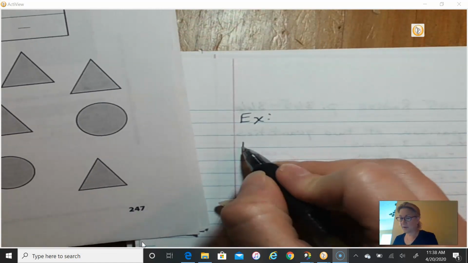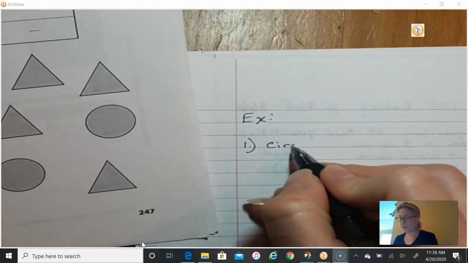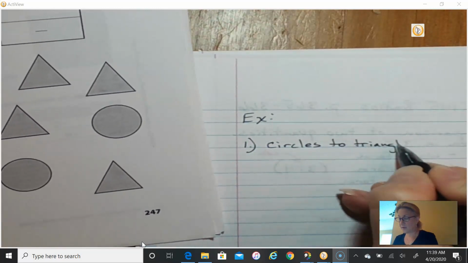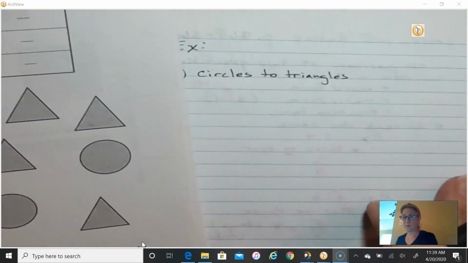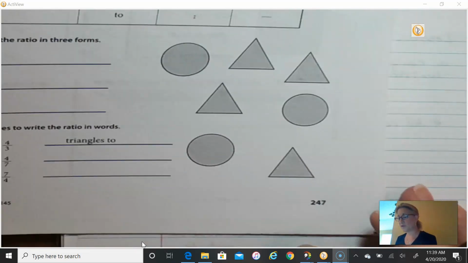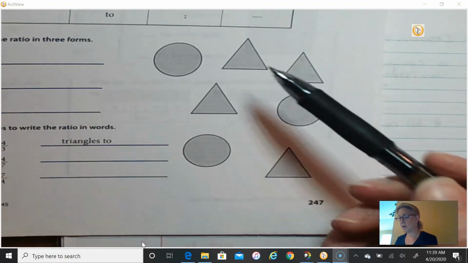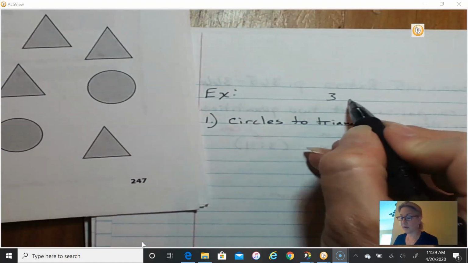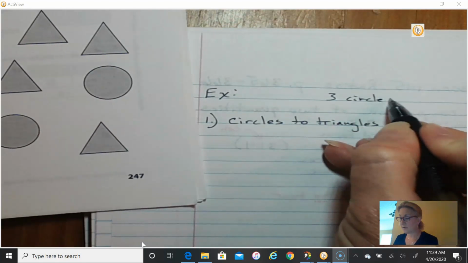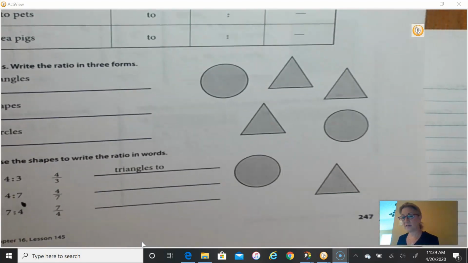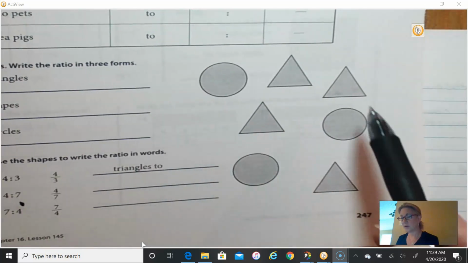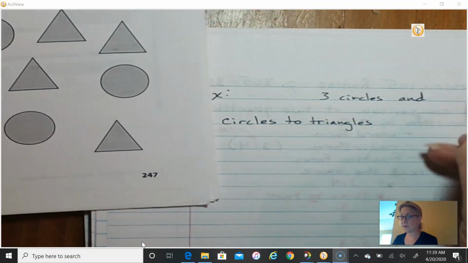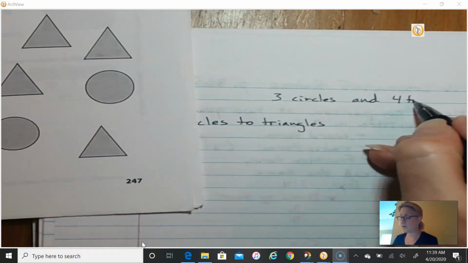We're going to do the same thing, but we're going to do circles to triangles. And we're going to write it in all 3 forms. So how many circles do you see here? 1, 2, 3. So I'm going to write that up here. 3 circles. How many triangles do you see? 1, 2, 3, 4. And 4 triangles.